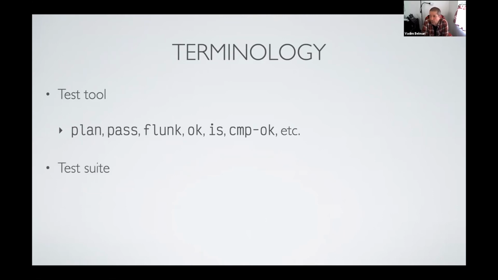Test suite in this terminology has two meanings. It's a logically bound code block which runs some number of tests by invoking test tools. And a test suite is also the object which controls this code block. A test bundle is an extension.